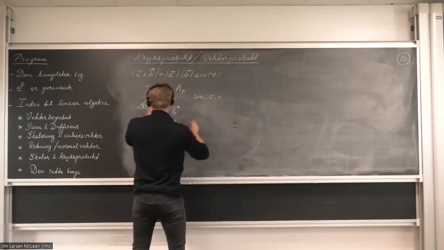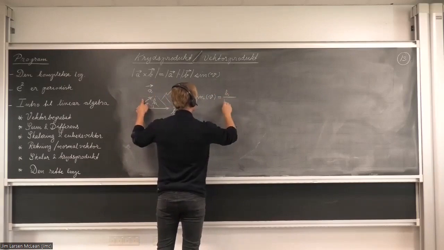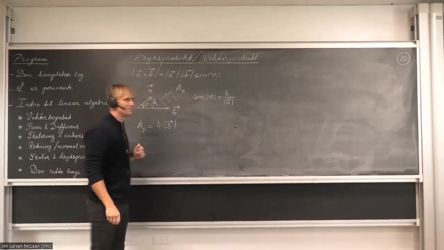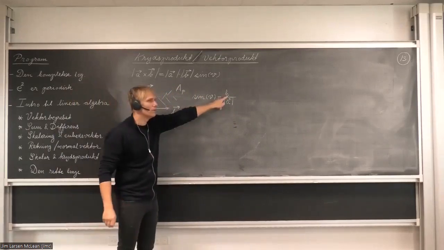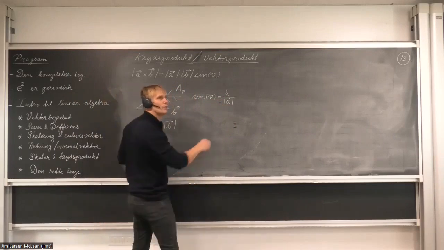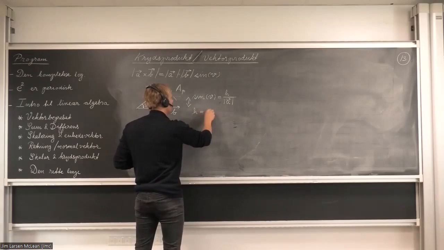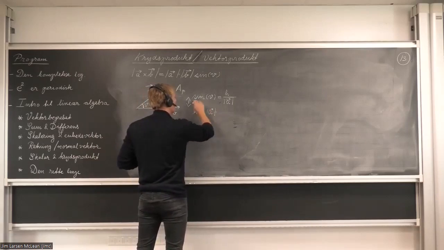So sin of v is equal to h divided by the length of vector A. It has to be the length of the vector because there has to be a side length. Well, then I can find h just by multiplying that over to the other side. So now I can find the height. It must be the length of vector A times the sine of the angle.